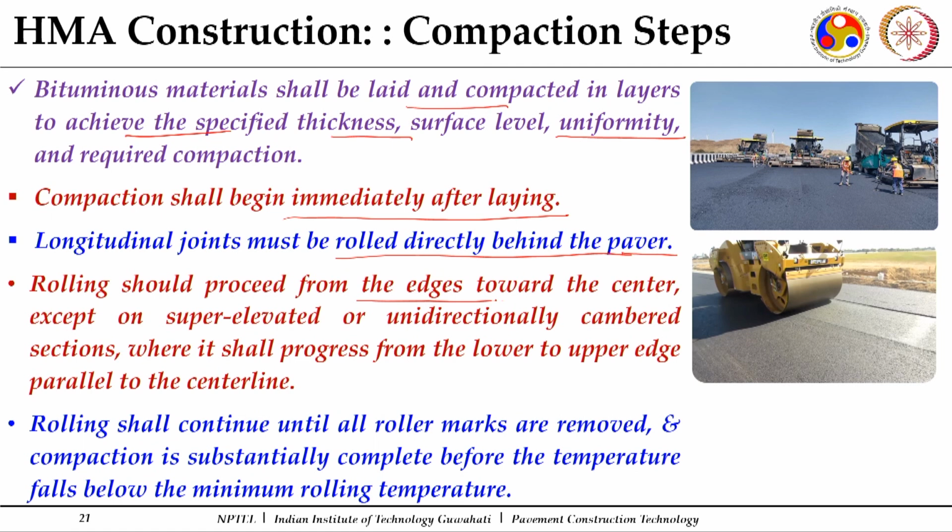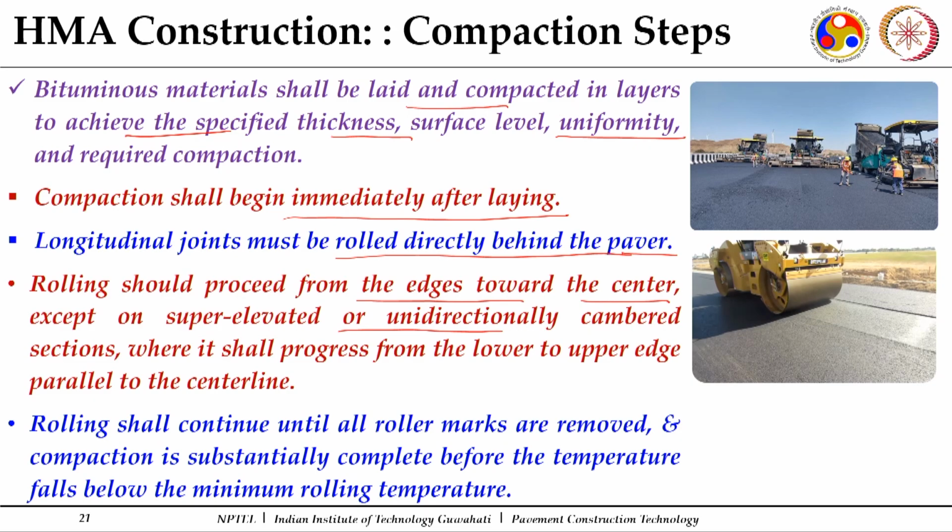Rolling should proceed from the edges, as we have discussed in other cases also for unbound granular courses. Preferably they start from the edges and go towards the center, except at super-elevated or unidirectional cambered sections, where they proceed from the lower sections to the upper edges, parallel to the center line.